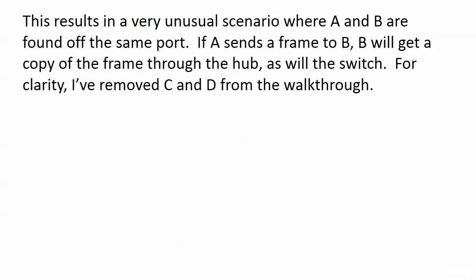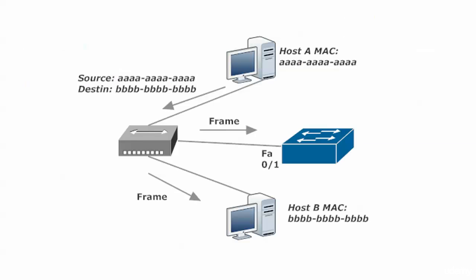Well, for clarity, I have removed C and D from the walkthrough, and this is what ends up happening. Host A sends that frame, the destination is all B's as well. The hub is not even reading that, because our hub is a layer 1 device. So it's just a multi-port repeater. It's like, hey everybody, here you go. Everybody that's connected gets one of these. And the thing is, the intended destination, host B, does get the frame, but so does the switch.